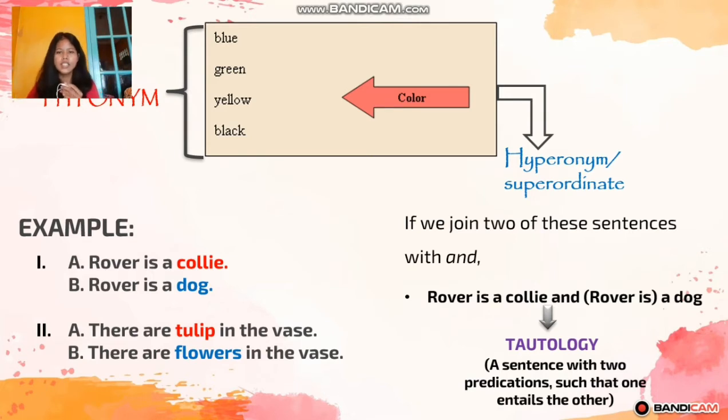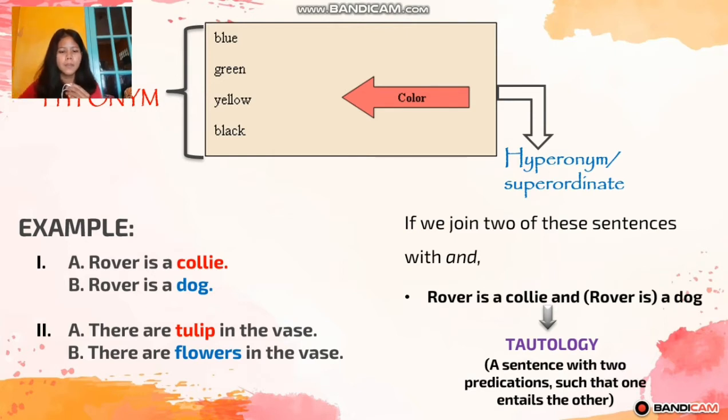This relation is often portrayed as one of inclusion. Hyponymy is often defined in terms of entailment between sentences which differ only in respect of the lexical items being tested. This is blue, green, yellow, black entails, but is not entailed by, this is color.